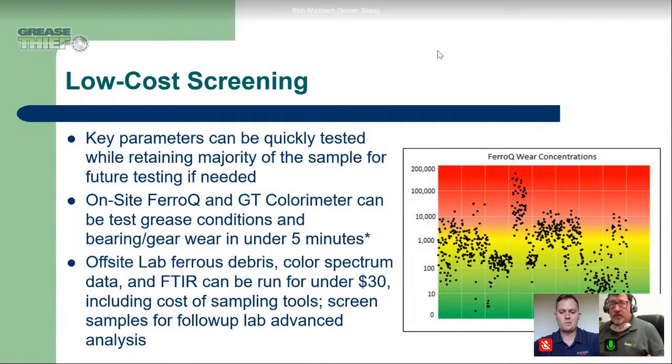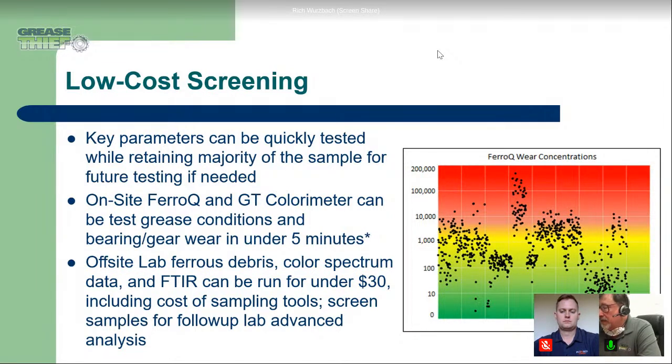I've looked at 100 samples, but here's 5 that are the ones that need further attention. Well, that can then also have some further analysis done with it. Or if we're not doing it on site, we could take this sample and send that off to a laboratory. And typically that's going to be under $30 per sample, including the sampling supplies themselves. So that's what we're achieving here with this low-cost screening.